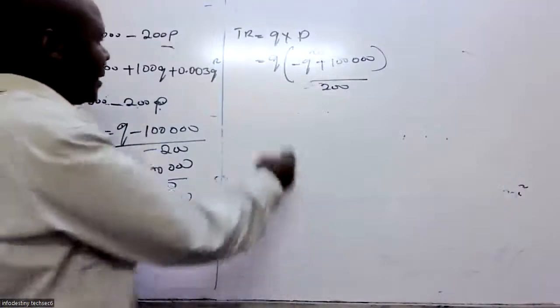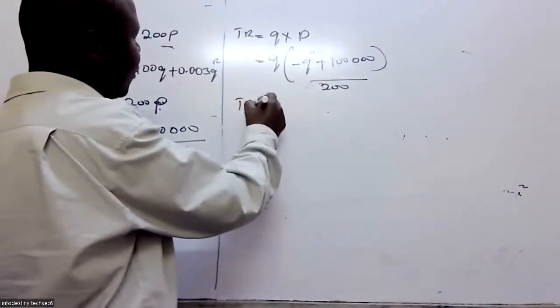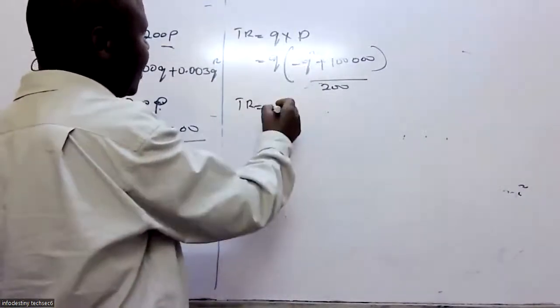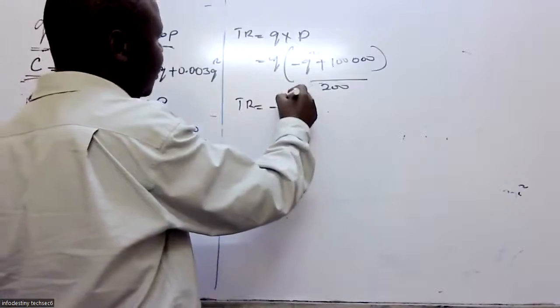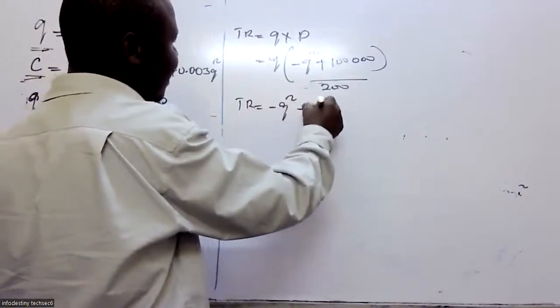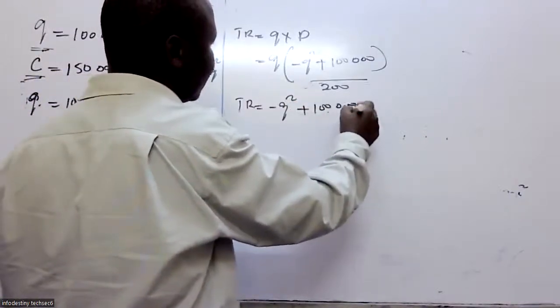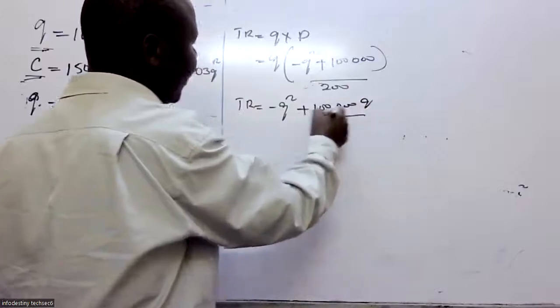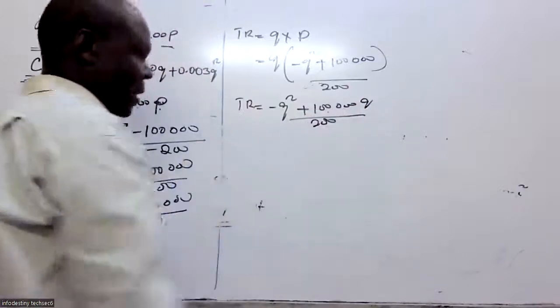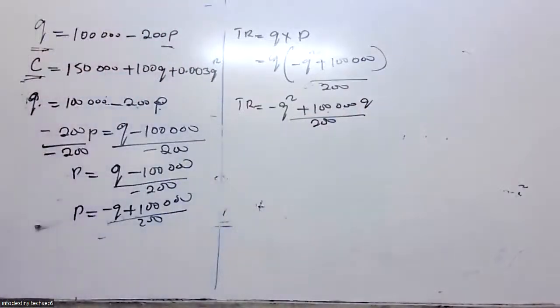Let's open the bracket. TR will be equal to this times this: minus Q squared plus 100 Q, divided by 200.